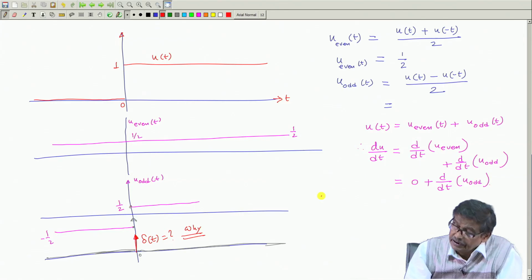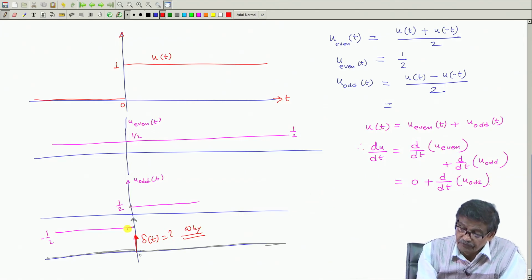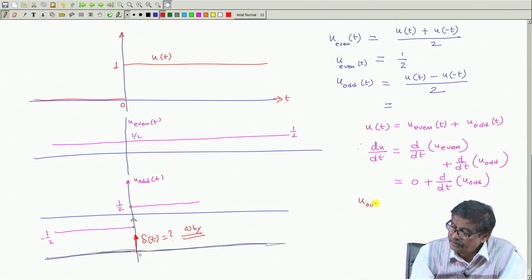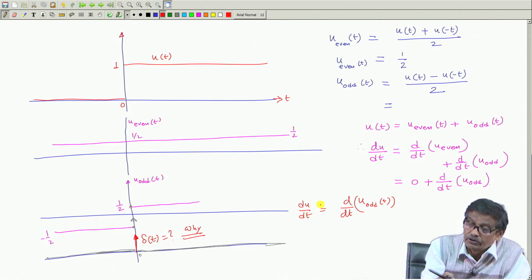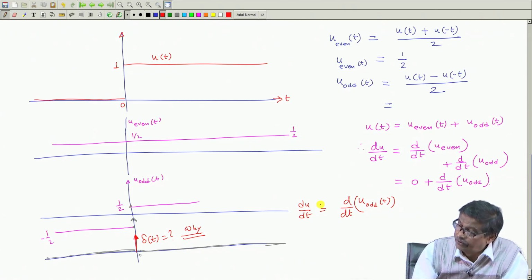So what I know is that, for example, this function u odd t, I want to find out d/dt of this, which happens to be equal to du/dt, that we have established. Our original problem was there, from this I got this.